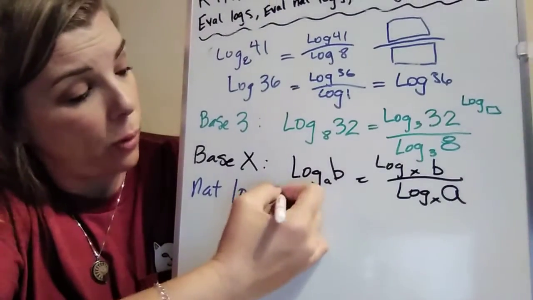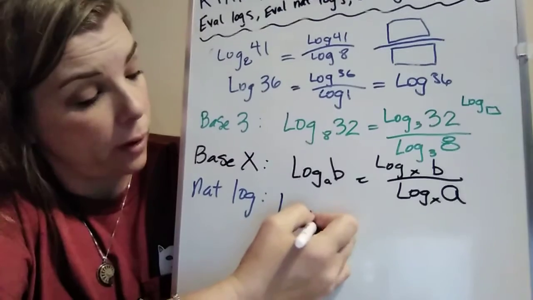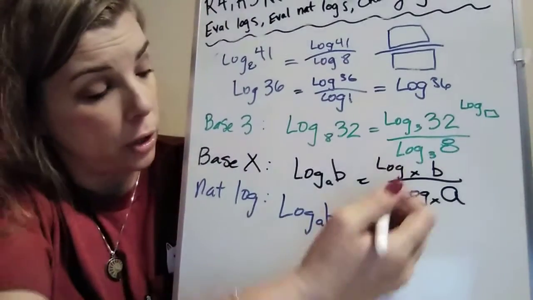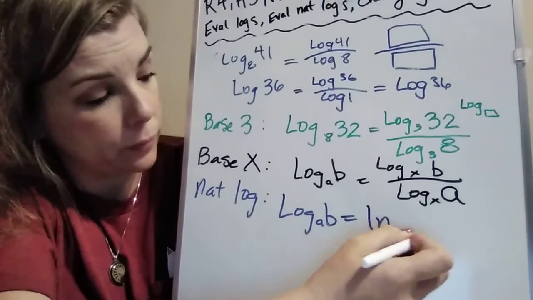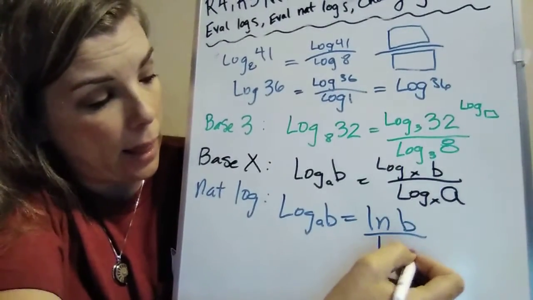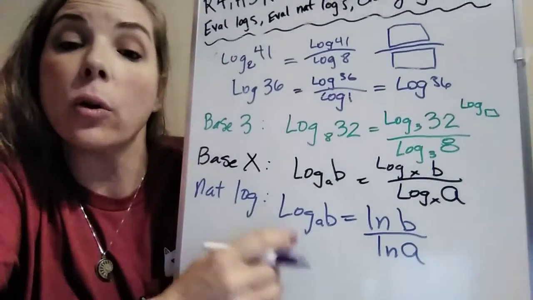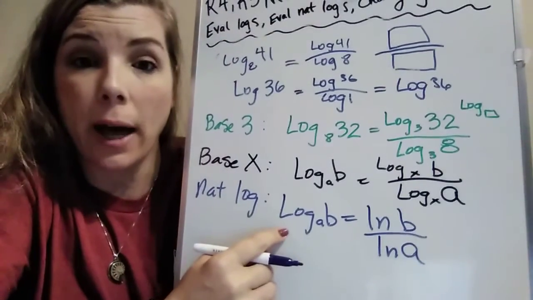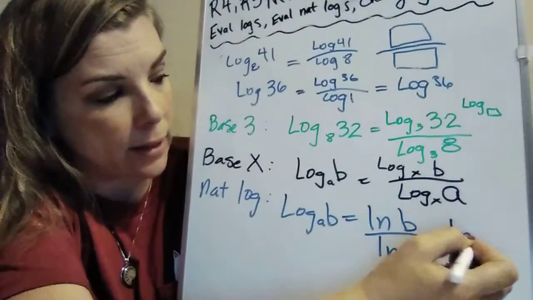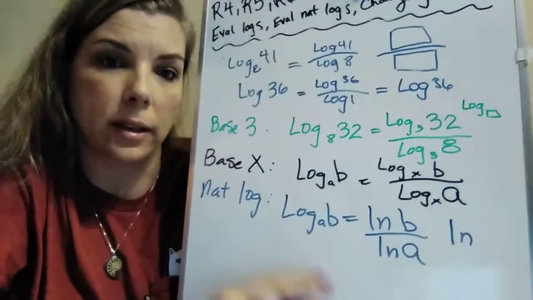Okay, so if you have log of a over b, and we want to convert that to a natural log, you would do ln b over ln a. That's it. And in order to do that, you need to use the box that looks like this, or the key that looks like this, the natural log key, just like that.